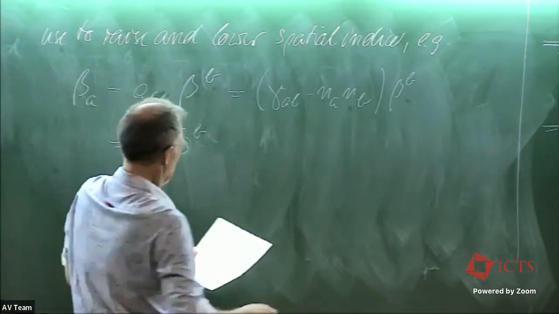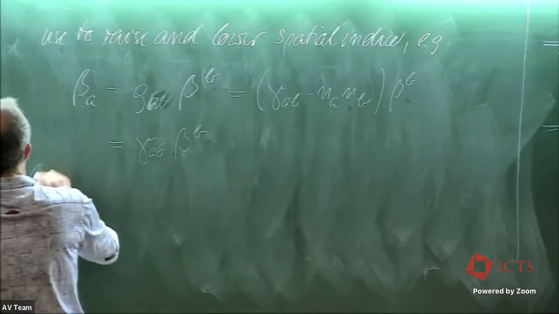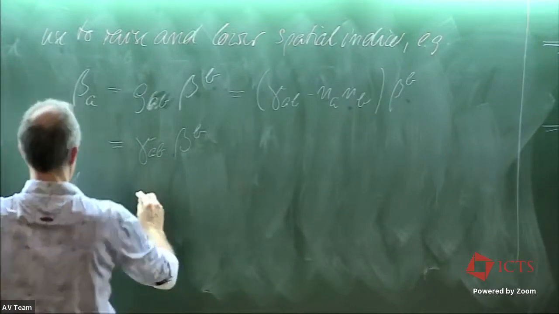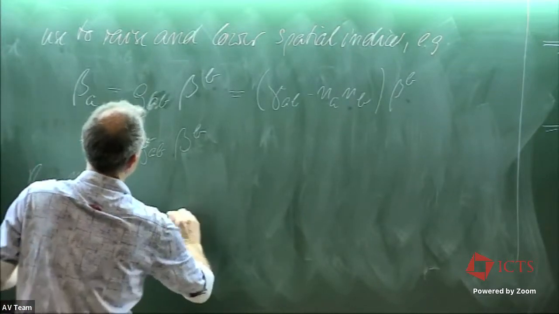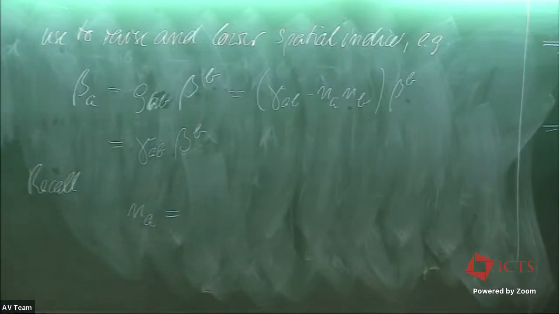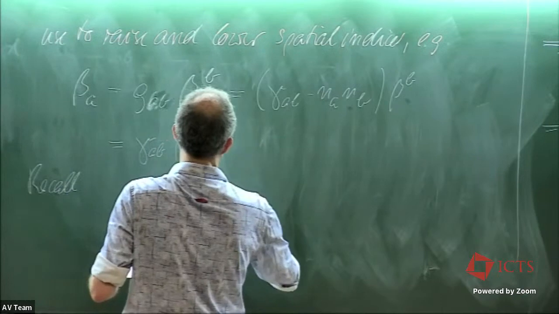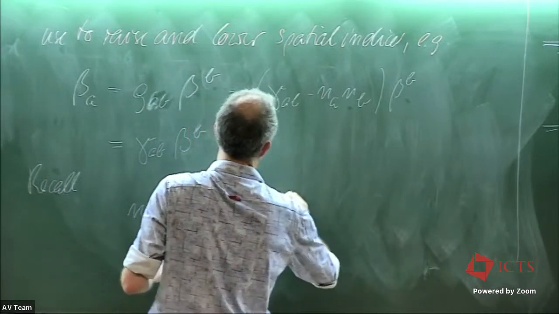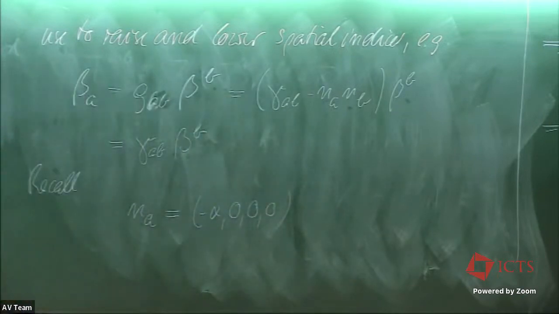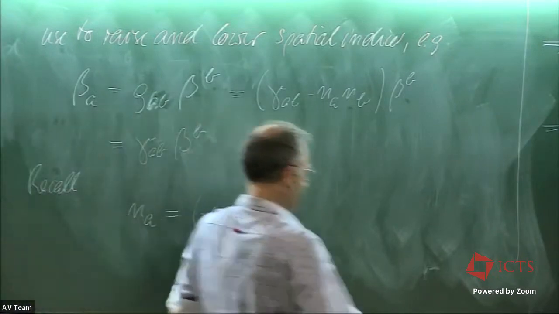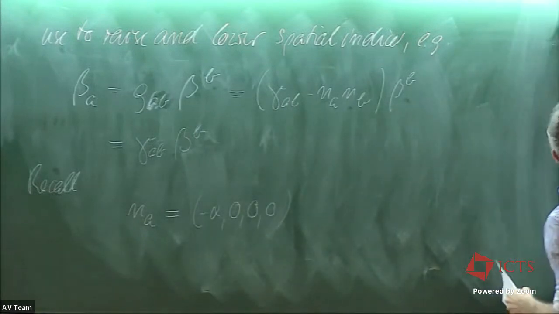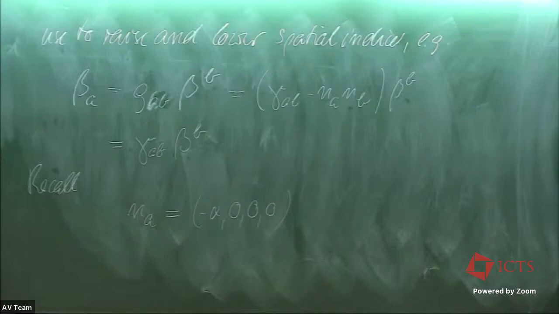Okay. Let's also remember the following. We saw yesterday that if I write down the normal vector with the index downstairs, then I get minus alpha, 0, 0, 0. And I believe you explored that in the tutorial yesterday also, okay? Now, you agree that if I contract a spatial vector with n, I get 0.